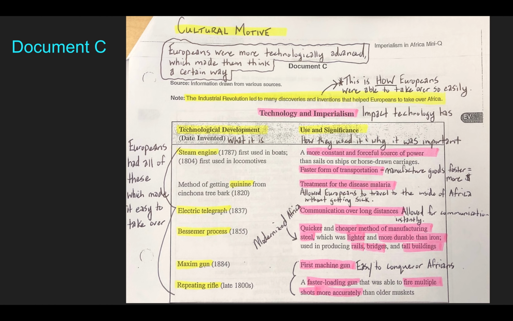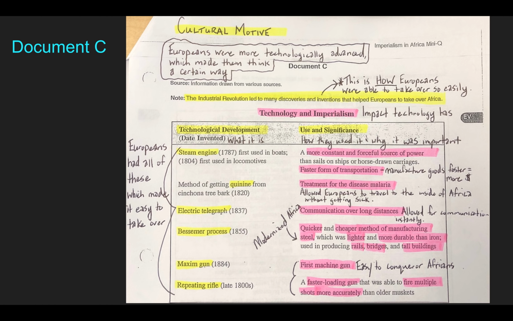And I want you to write that annotation: Europeans had all of these, or they developed all of these, which made it very easy for them to go into Africa and for them to take over. So those are the actual inventions and the year that they were invented, and it allowed them to go into Africa and take over very easily and conquer the Africans.